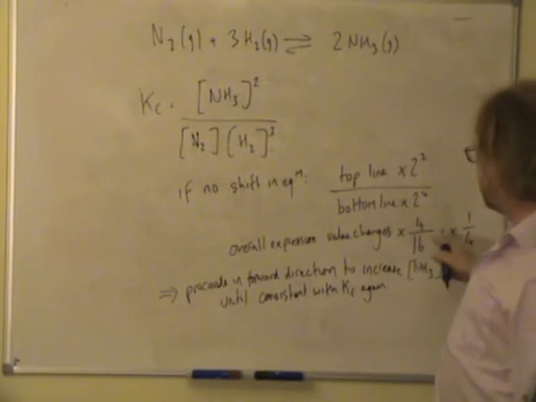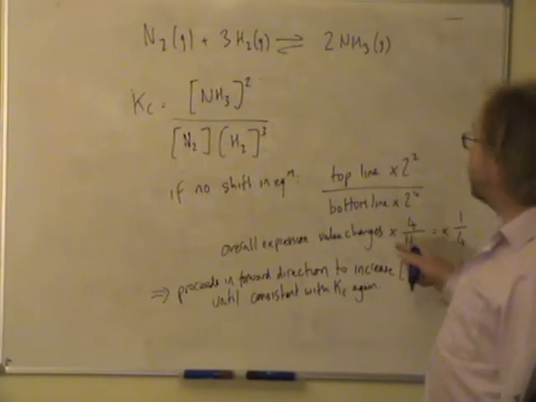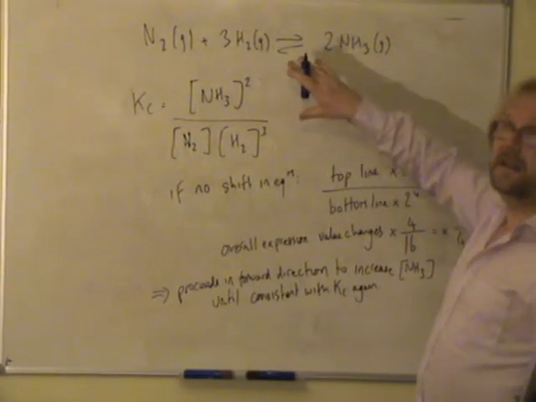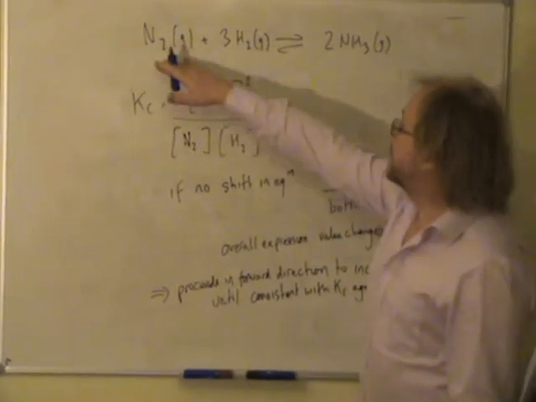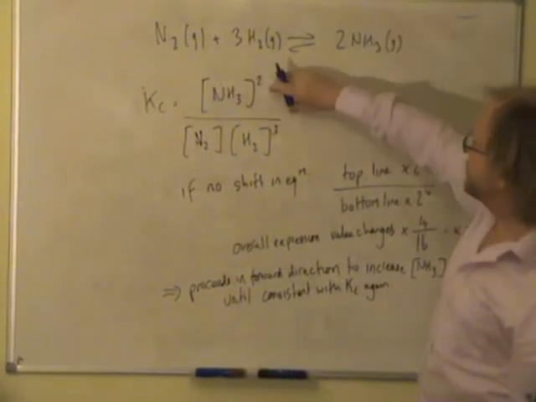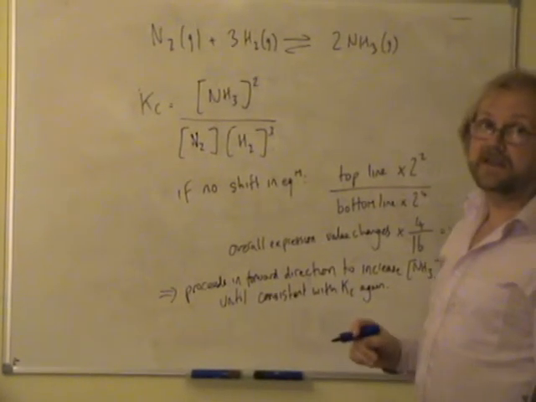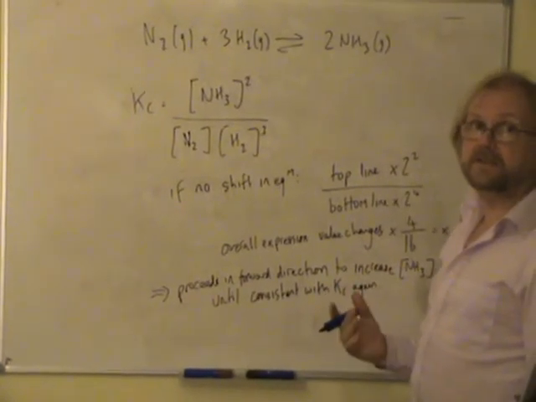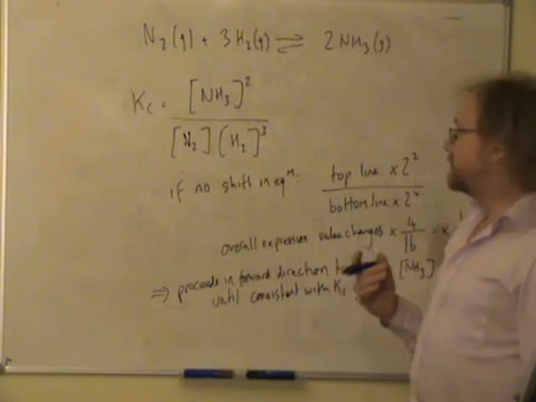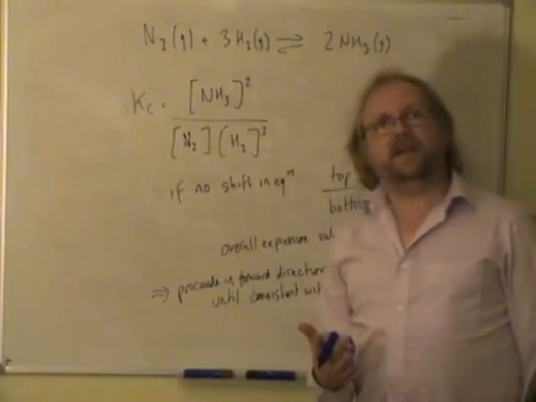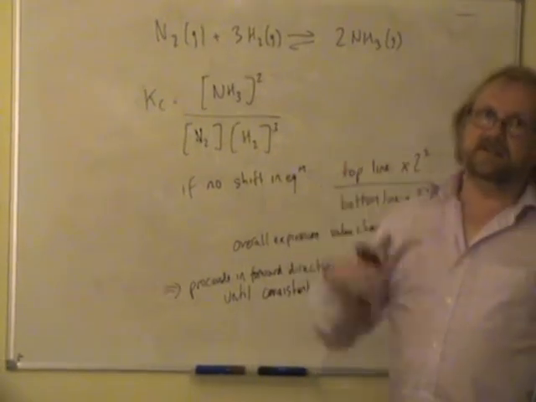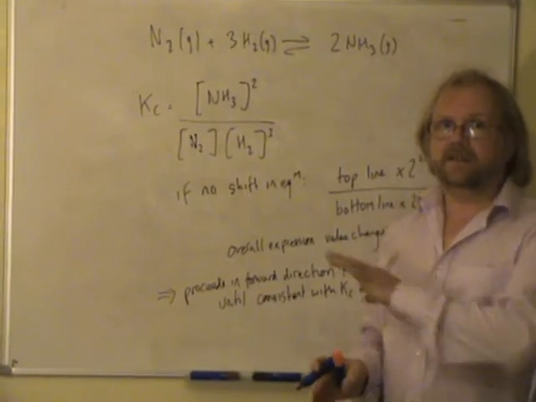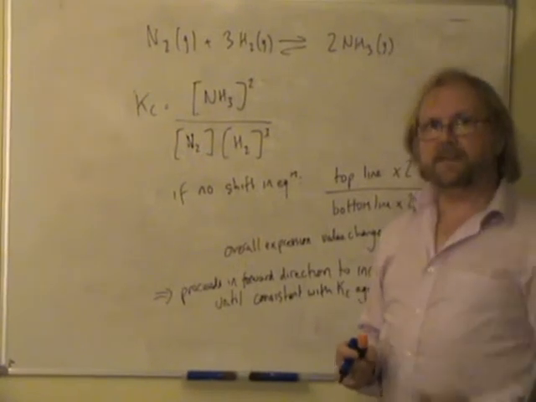And when we worked it out, the overall effect is that this ratio would drop to a quarter of its original value, and therefore the reaction has to proceed in the forward direction to make more of the stuff on the top line to restore it to its equilibrium concentrations. So try and get your head around that one. That's at the top end of the difficulty range for these kind of questions. So it's not the end of the world if you're still a bit shaky on that, but it's definitely worth thinking about.